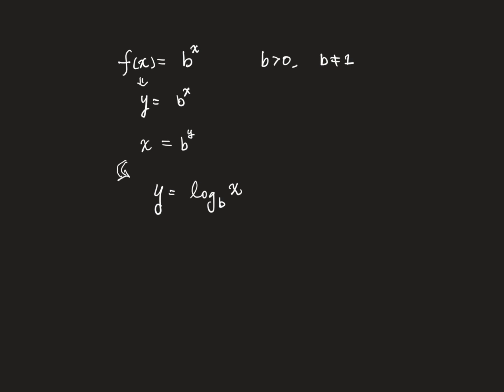So here is a very important concept. f of x equals b to the x is an exponential function. We call this one a logarithmic function. These functions have an inverse relationship.